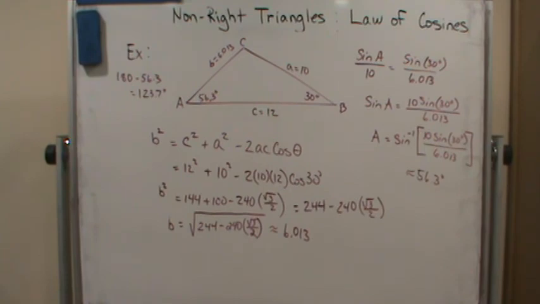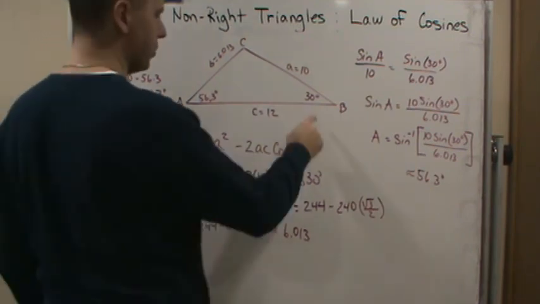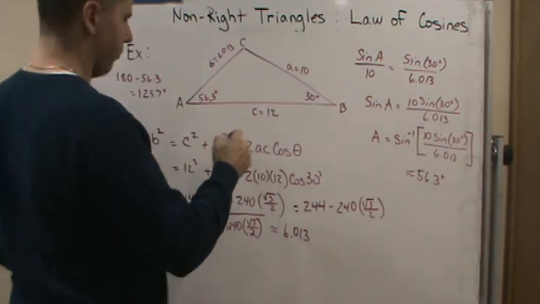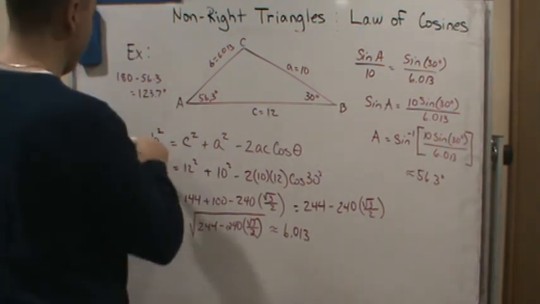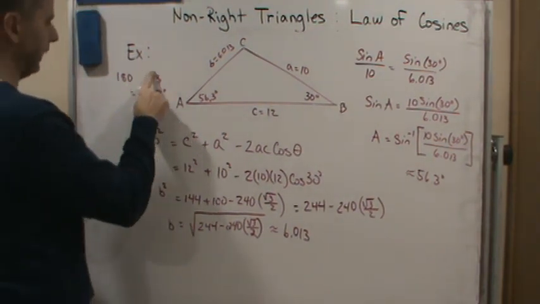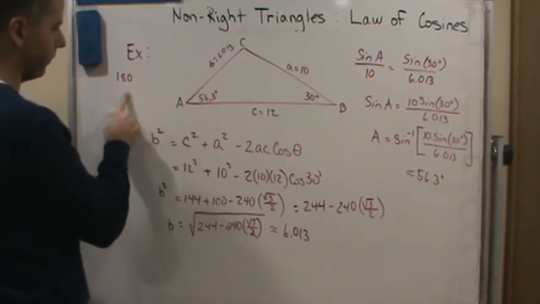So if we proceed with the 56.3 degrees, then we're pretty much done. All we have to do is add these two, and we get 86.3.